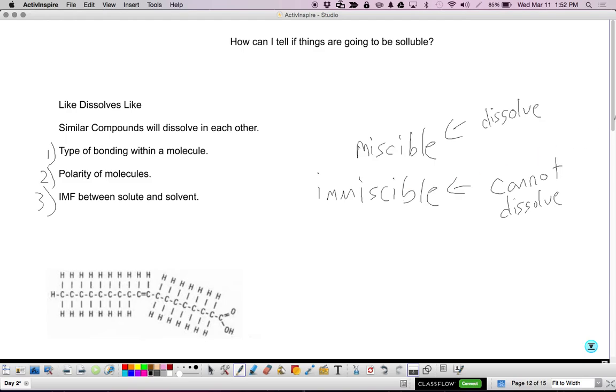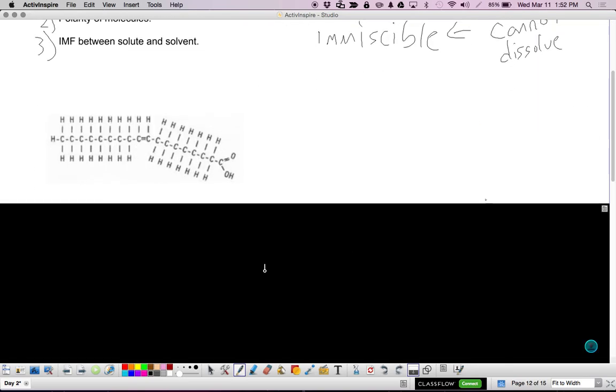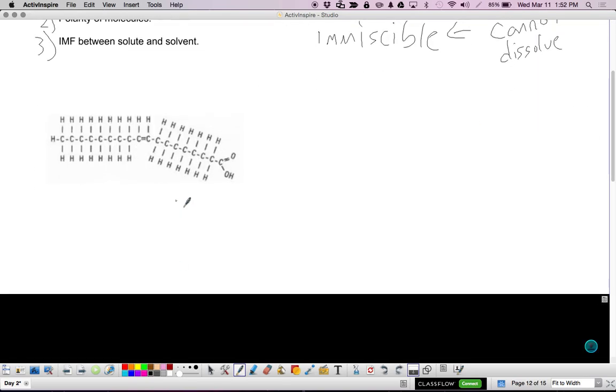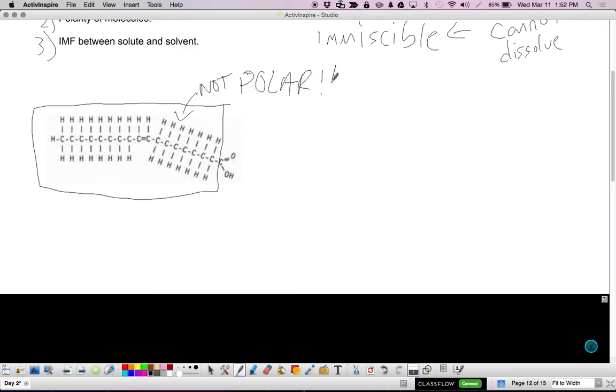Well, here is oleic acid. Oleic acid is found in a lot of oils. Now, if you look at this thing, there are a lot of carbon-hydrogen bonds, which means that this whole half of the molecule, holy moly Batman, is not polar. And you try to put that into something like water, which is highly polar, and it's not going to work. What ends up happening, you'll notice that this end is actually a little bit polar.